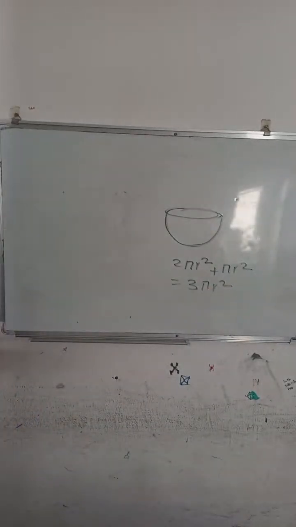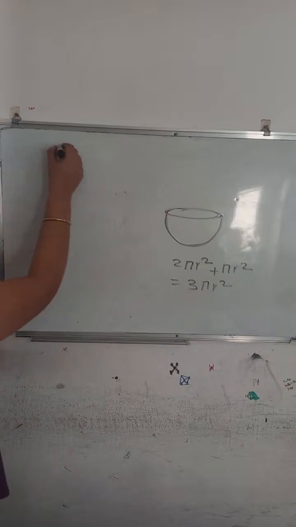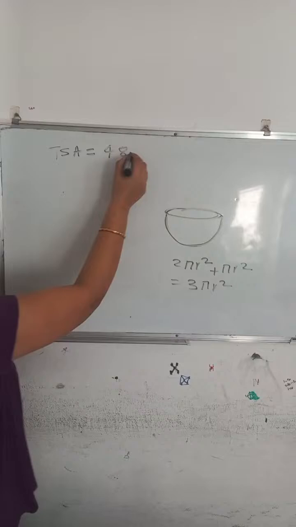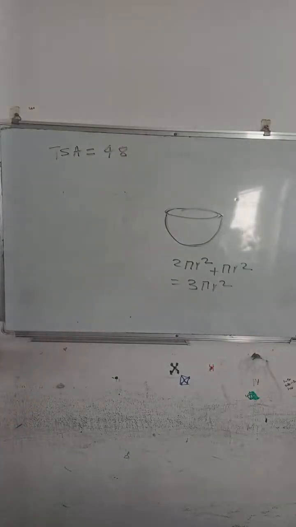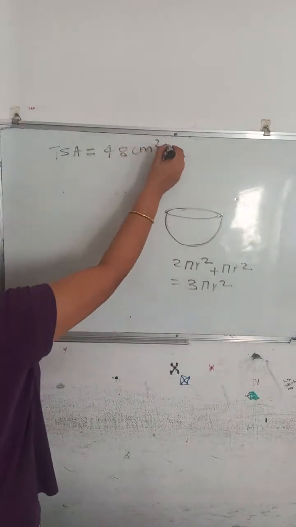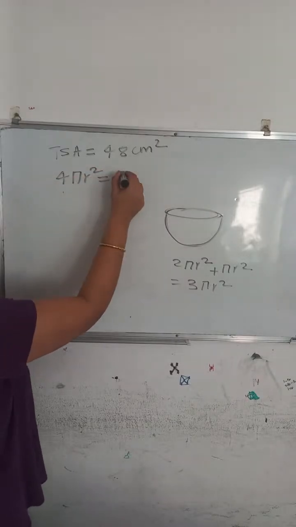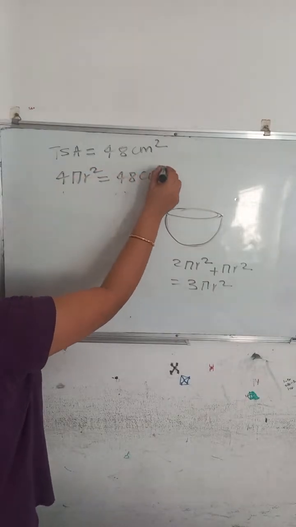And in the question they are saying the total solid sphere. So the total surface area, TSA, is 48 centimeter square. That means total surface area is 4 pi r square, which is equal to 48 centimeter square.